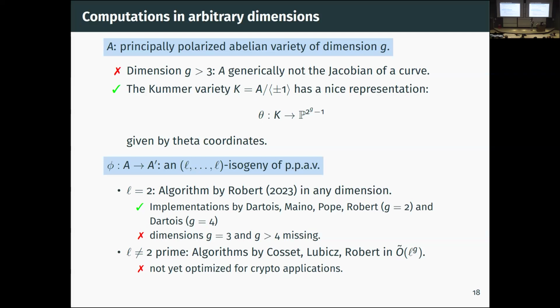However, the dimension of an abelian variety is g, and the dimension of the space, which is the number of coordinates that we need, is 2 to the g. So it grows exponentially. I don't know when it stops being practical in the end, but necessarily if the number of coordinates grows exponentially, this is also the same for the computations in the end. Thank you.